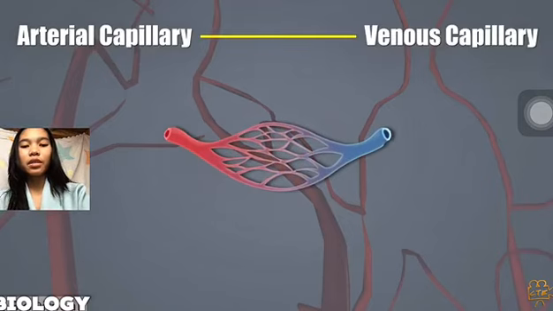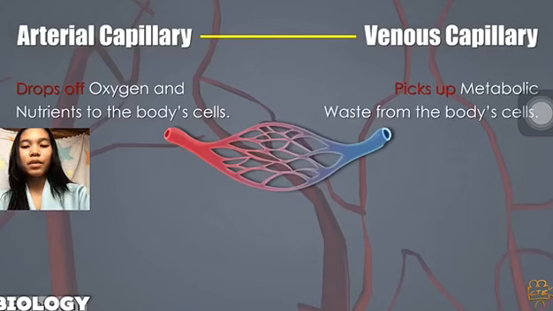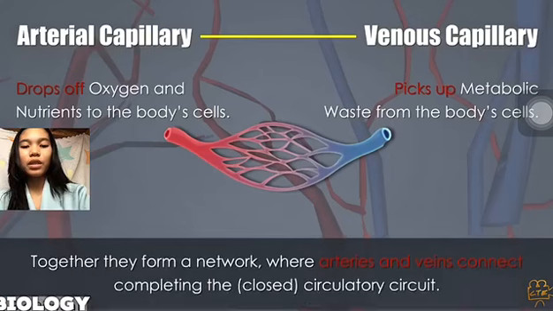The arterial side of the capillaries is the traffic of oxygen and nutrients to the body cells. The venous side of the capillaries is picking up metabolic waste from the body cells. Together, they form a network where arteries and veins connect, completing the closed circulatory circuit.